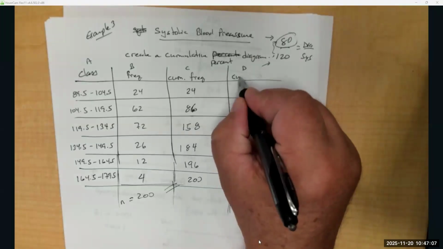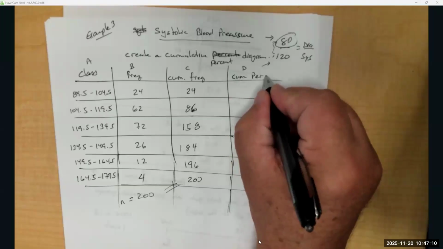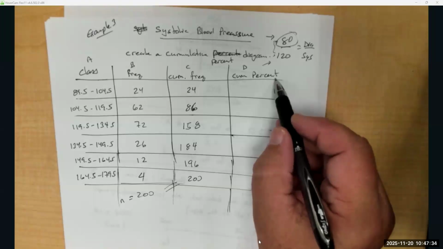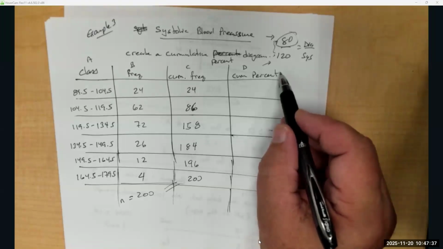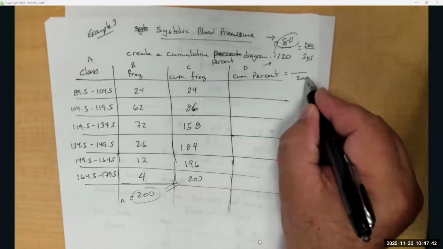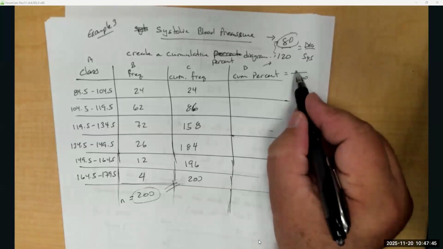Now we have our cumulative percent. Why do they call it a cumulative percent? What's the formula for the cumulative percent? How do we find the percent? Part over total. The total is 200, so that's given. What part are we looking at?